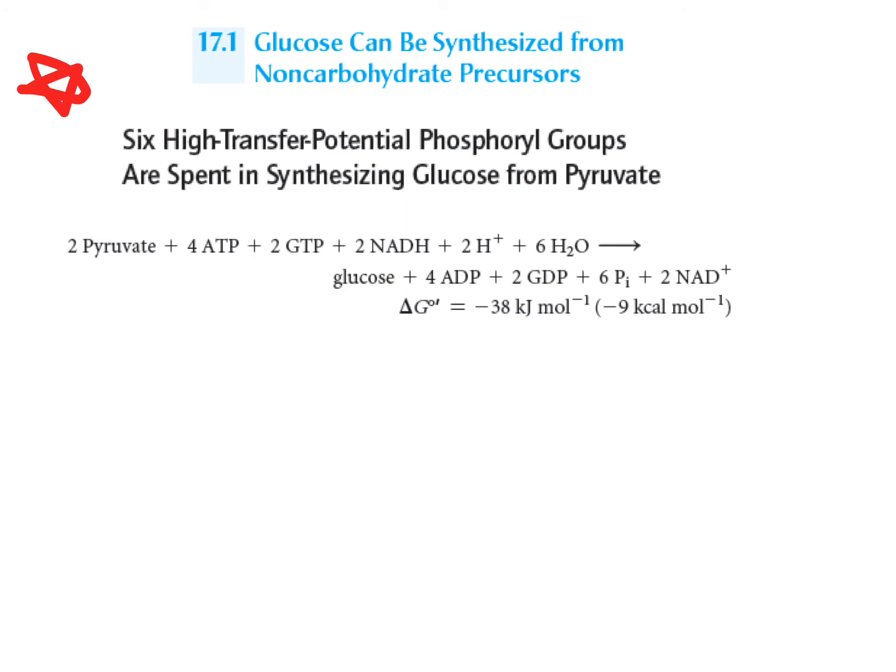All that is given to the pyruvate to form the glucose. And that reaction happens with a negative free energy change, because the reaction is coupled with 4 ATP and 2 GTP reactions.